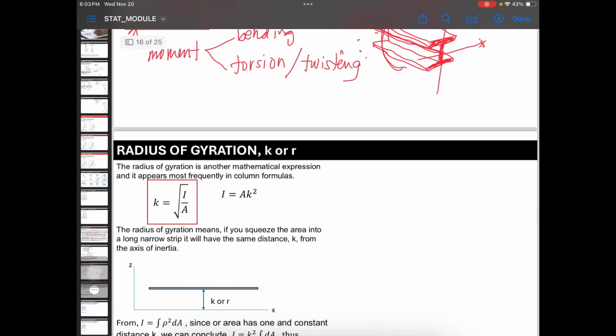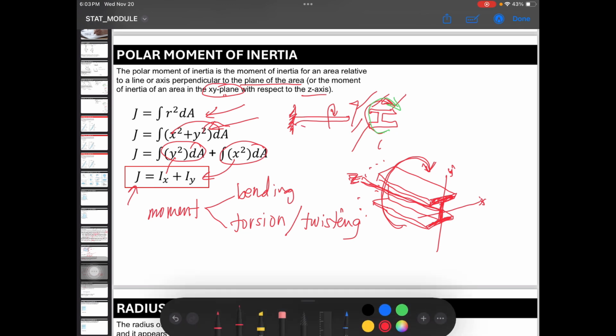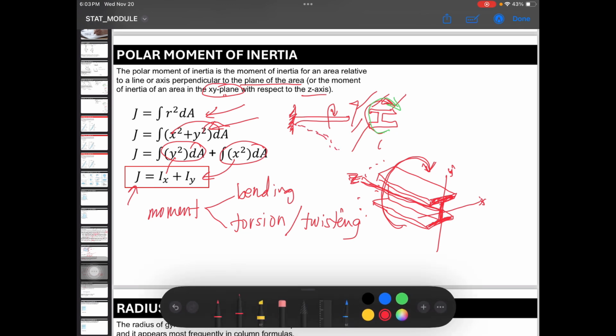Pag bending, ang ginagamit natin yung Ix and yung Iy. Paano yung bending? Pag ganyan, magbebend na pag ganyan. Kapag bending ang moment. Ito kasi twisting, ito twist mo siya. Ito bending, magbe-bend yung cross-section mo. So, di ba may Ix, Iy?